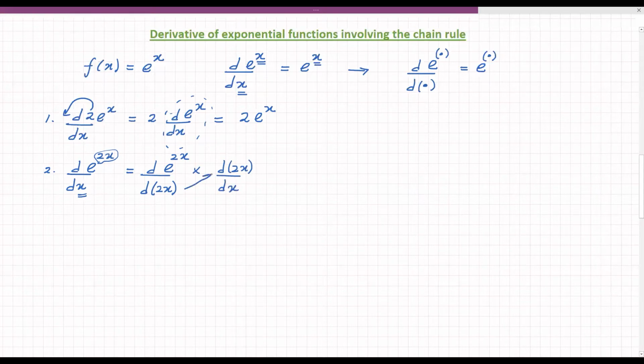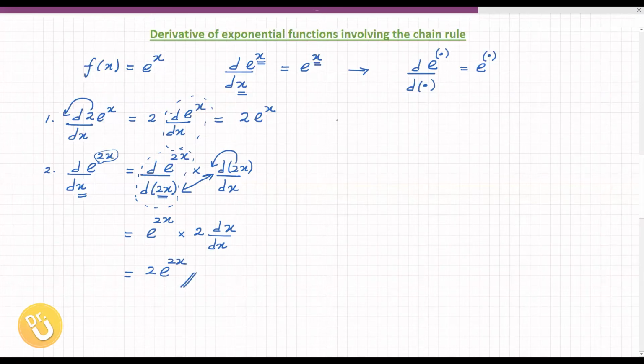So this is the chain rule involved. Now, this one is nothing but e to the power 2x, because we have 2x here as a variable, times 2 d/dx of x, so this is going to be easy. So your answer would be 2e^(2x).